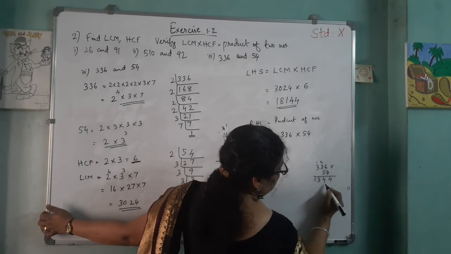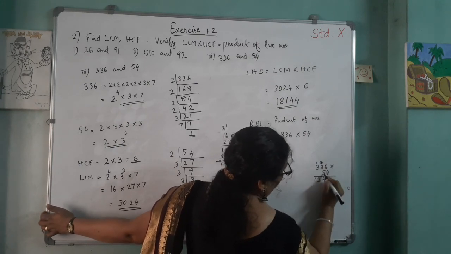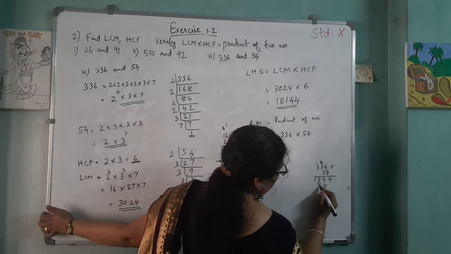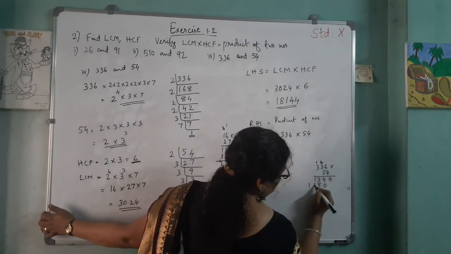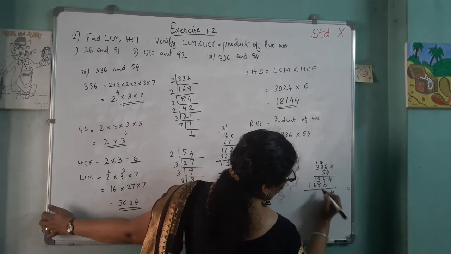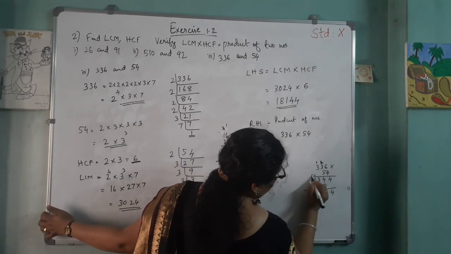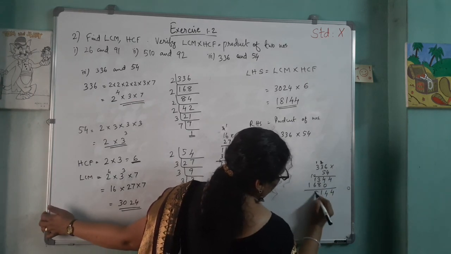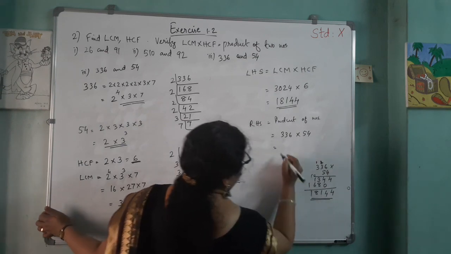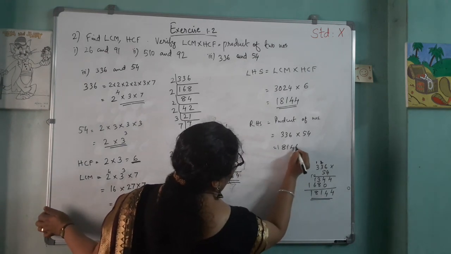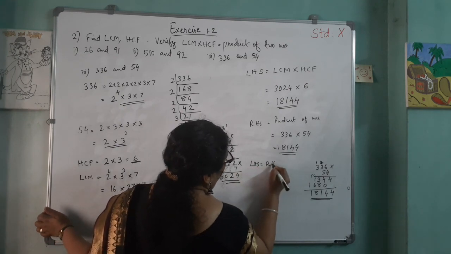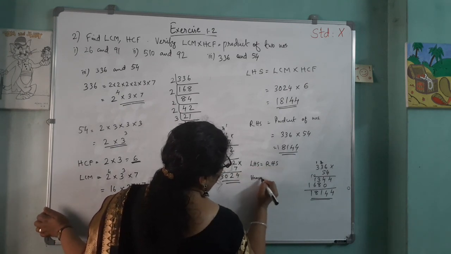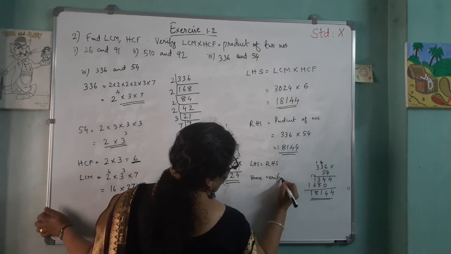And next 5 6s are 30, 3 here. 5 3s are 15 plus 3 is 18, 1 here. 5 3s are 15 plus 1 is 16. Then 4 4s are 8 plus 3 is 11, 1 carrying, 6 plus 1 is 7 plus 1 is 8, that is 18144. So LHS equals RHS, hence verified.